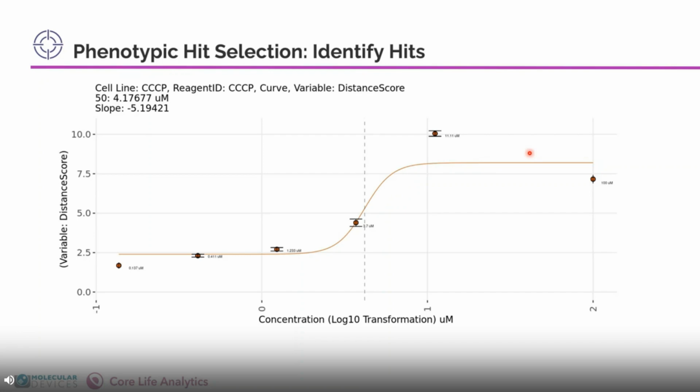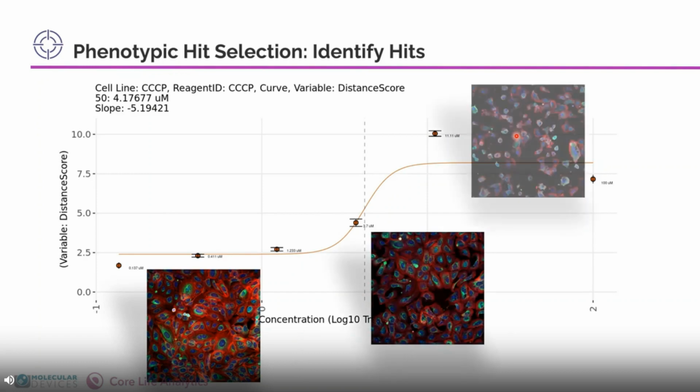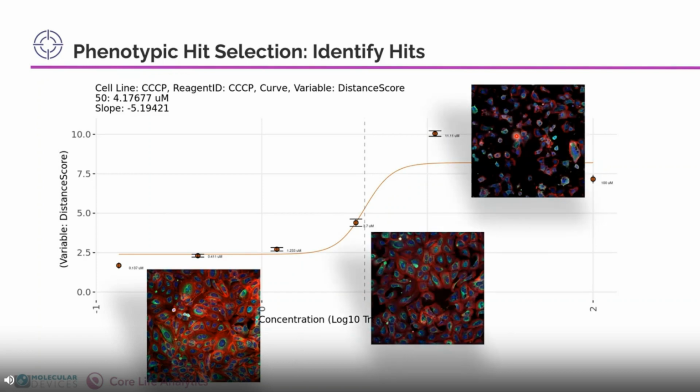For example, here, one of the hits that Angeline had was a CCTP, and StratoMineR can extract concentration information that is in the metadata to generate this IC50 curve based on distance scores. And the images from Angeline's Cell Painting approach can then be added on to verify and visualize the phenotypic effect, which is extremely obvious.